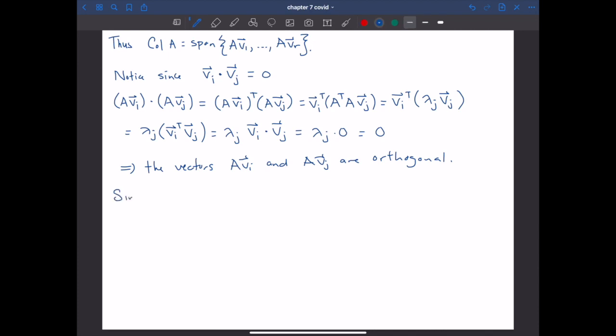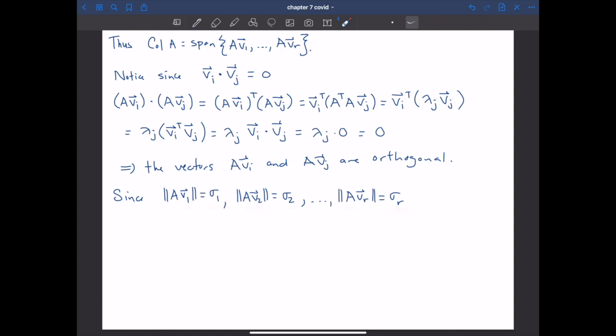However, remember that the length of AV1 is equal to sigma 1, the length of the vector AV2 is equal to sigma 2, and all the way down the list, the length of AVr is equal to sigma r.